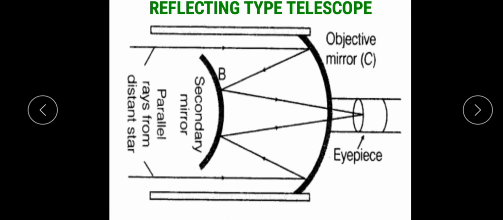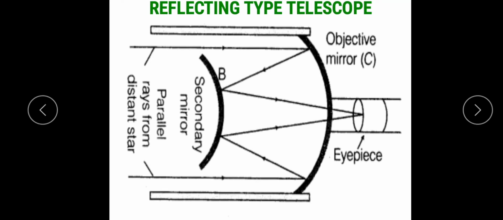A telescope that uses a lens is a refracting type of telescope. If we use a mirror, it is a reflecting type of telescope. Such a telescope is known as a Cassegrain telescope. It is named after its inventor. A reflecting type of telescope was initially designed by Newton, and this model has been modified from time to time.